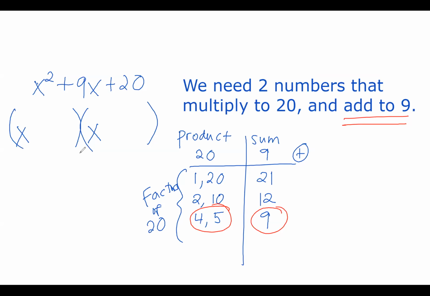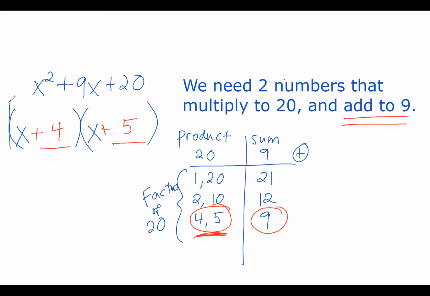That's kind of a given right now. What we were really trying to come up with is these other numbers. So x plus something times x plus something. What's going to go here? We just found the numbers that we will fill in. Okay, so it's going to be x plus 4 times x plus 5. And remember, we came up with those numbers because they multiply to 20, they have a product of 20, and they have a sum of 9. So this is our final answer right here.